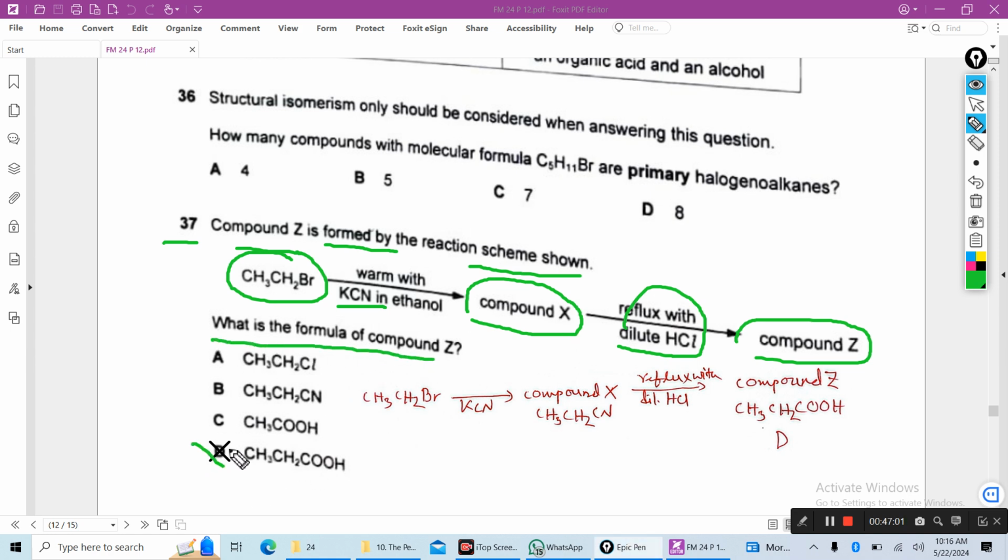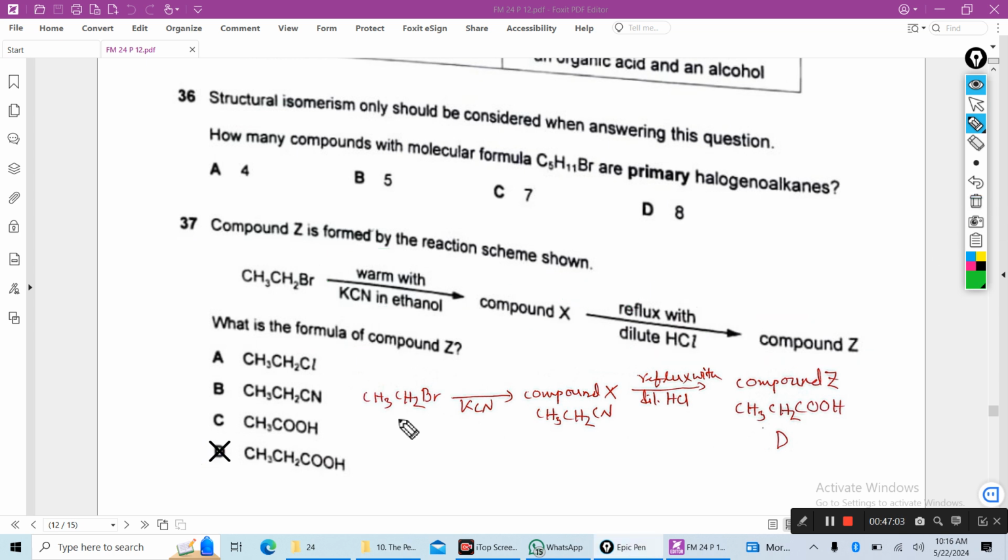You see answer D. How? Bromoethane reacts with potassium cyanide, compound X will be propanenitrile, 3 carbon containing cyanide. Then propanenitrile refluxed with dilute acid produces propanoic acid. So this is the propanoic acid.